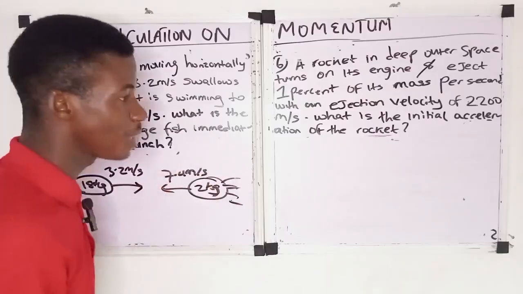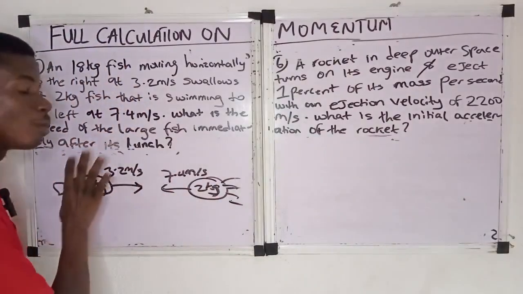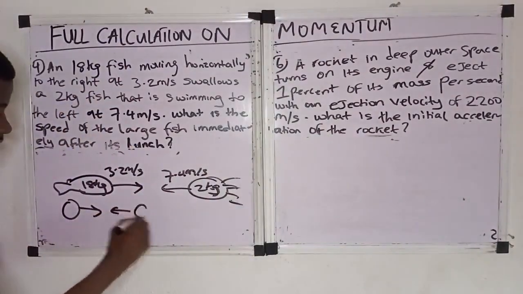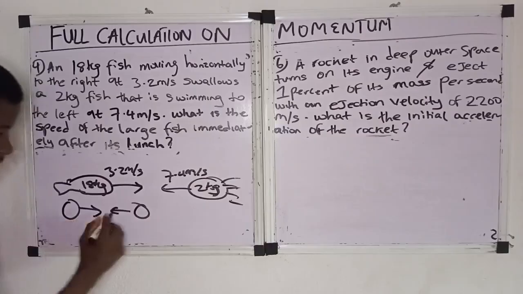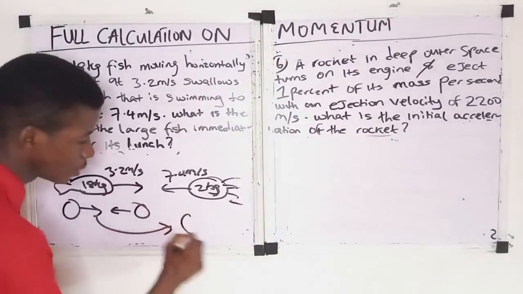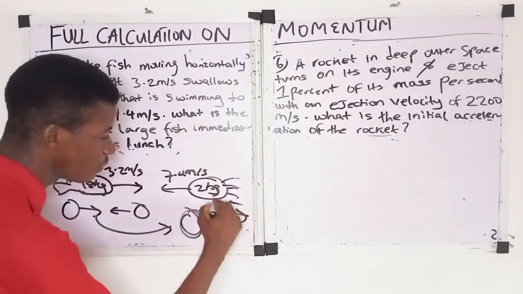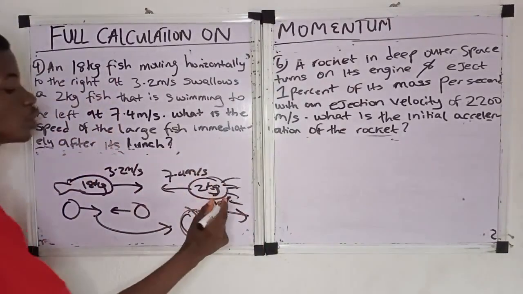How are we going to look for their common velocity? Under perfectly inelastic collision, after they collide they stick together and move with a common velocity. So we are looking for this common velocity.